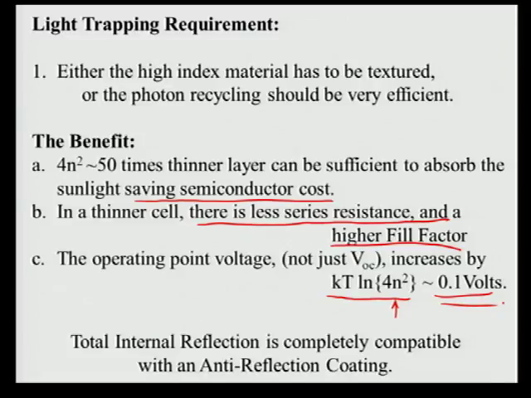Total internal reflection depends upon the overall index difference between the interior of the solar cell and the exterior. And the anti-reflection coating only applies to that small number of optical rays that are actually able to go into the escape cone. And so don't be upset. A good solar cell has to have both total internal reflection and an anti-reflection coating.